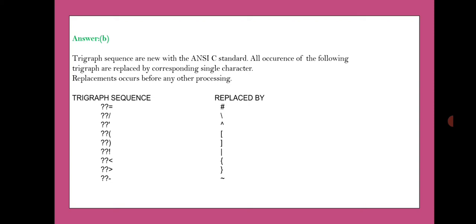Anyways, we'll have a separate session on trigraphs. We'll make a video, then you will understand this much better if we go in sequence. If you are new to trigraphs, that would be very important.